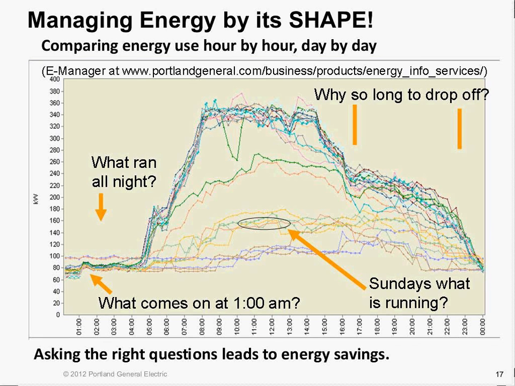PG&E completed putting smart meters on all of its residential and commercial customers last year, and now you have much more detailed information. In this case, this is a chart of every hour of the day for a 30-day billing period. So you have 30 days over the top of each other here.